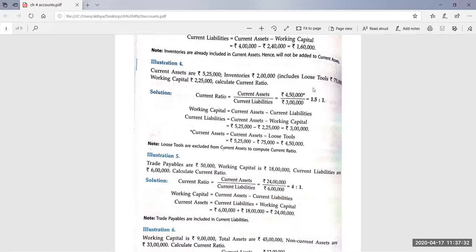Anmol, Siddharth, Harshdeep, your answer is incorrect. Please check your answer. Yes, Anshika, you have done it correctly. Very good. Khushi, correct answer. Yes, Adit, your answer is correct, but you cannot write in fraction form. Write it in pure ratio form.